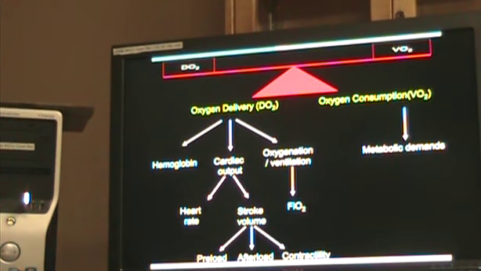Hemoglobin being the major oxygen transport system in the blood. And if you have low hemoglobin, oxygen cannot bind appropriately, and therefore you will have a difficult time meeting the physiologic demands of the body because you're not able to bind the appropriate hemoglobin. Okay?